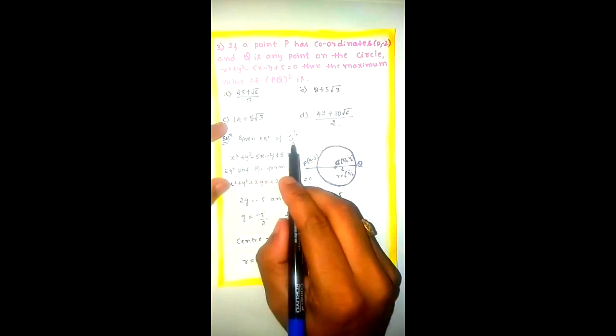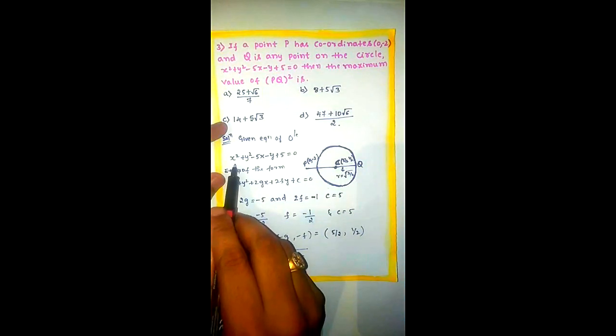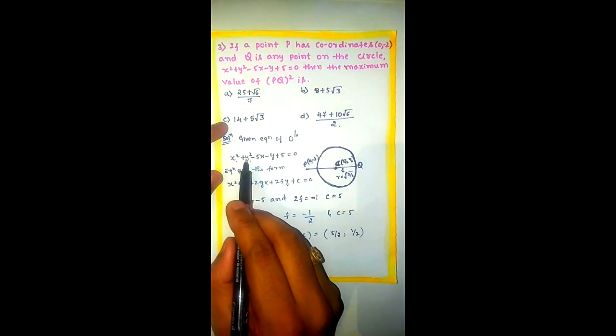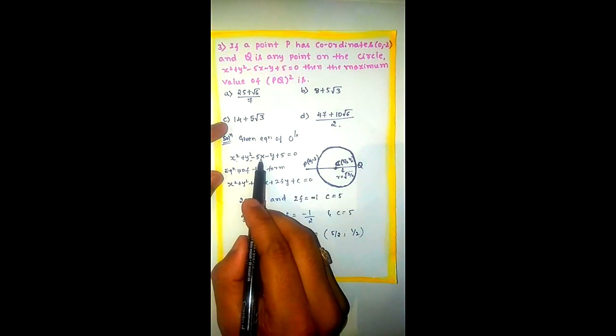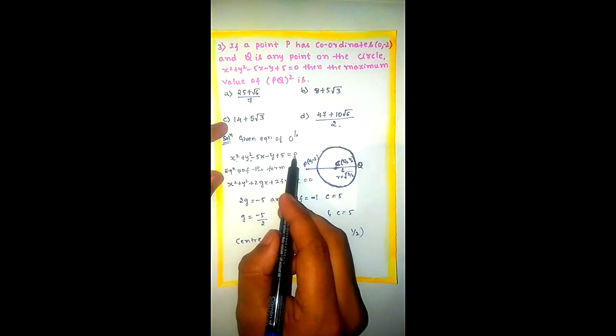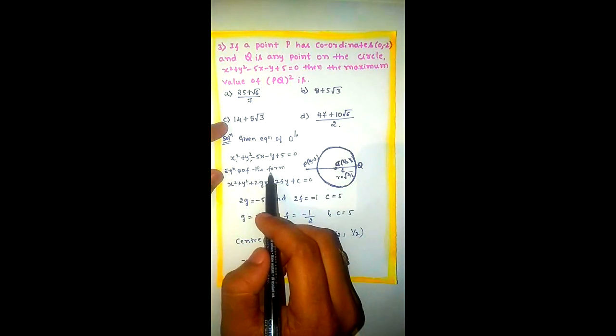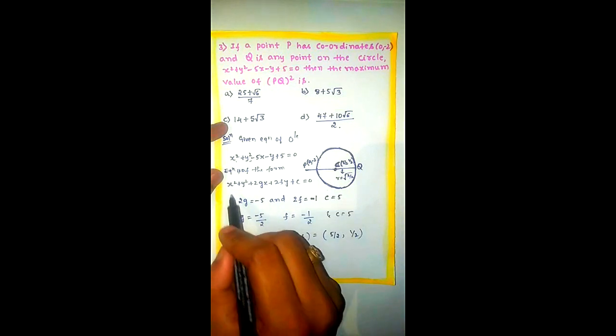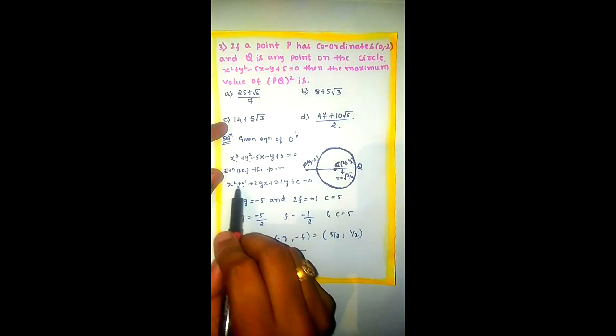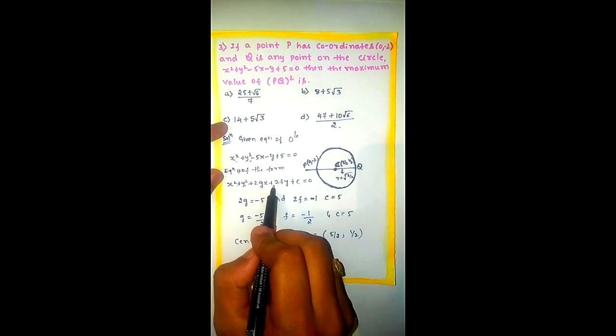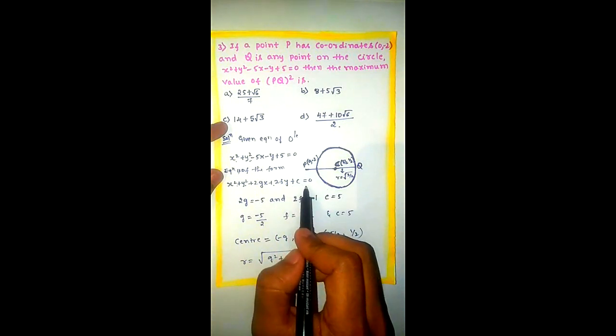Okay, so the given equation of the circle is x square plus y square minus 5x minus y plus 5 is equal to 0. The standard equation of a circle is x square plus y square plus 2gx plus 2fy plus c is equal to 0.